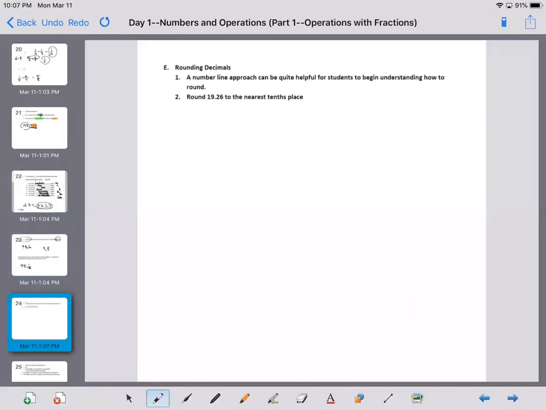All right, let's look at rounding, still working with decimals. When we think about rounding to certain place values, when we take 19 and 2600ths, and I want to round it to the tenth, I'm thinking right here that's your 2/10. So that's the place value. One way to do this is looking at a low and a high, and here you have 19 and 2/10 and 19 and 3/10.